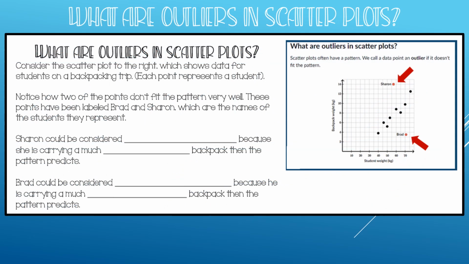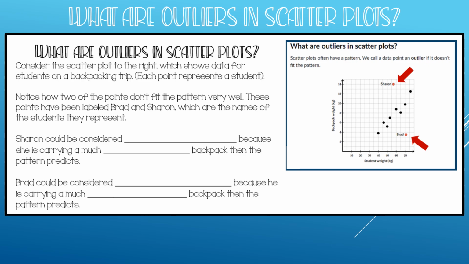What are outliers in scatter plots? So consider the scatter plot to the right, which shows data for students on a backpacking trip. Each point represents a student. Notice how 2 of the points don't fit the pattern very well. These points have been labeled Brad and Sharon, which are the names of the students they represent.